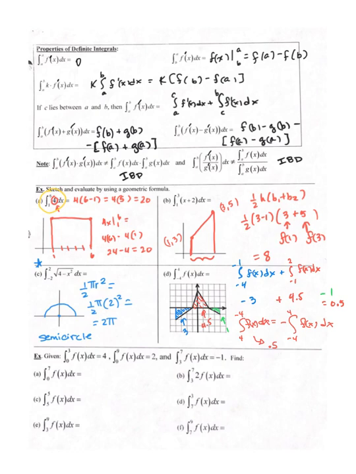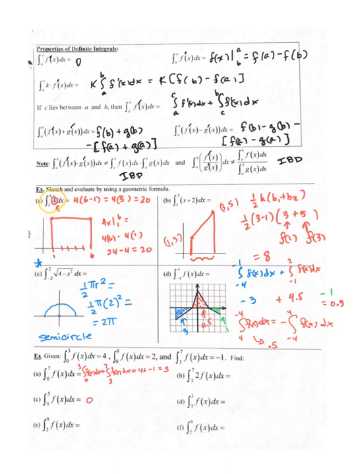So we don't have to go in any particular order here, but the integral from 0 to 7 would be the integral of 0 to 3 plus the integral 3 to 7, f of x dx. So that would be 4 plus -1, which is 3. Okay, 5 to 5 is just 0, because they're the same.